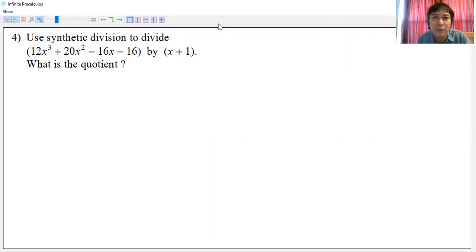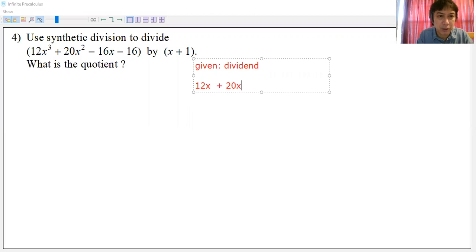All right, so using the solution, this will be the given. Let's start with the given dividend. We have 12x cubed plus 20x squared, minus 16x, minus 16.